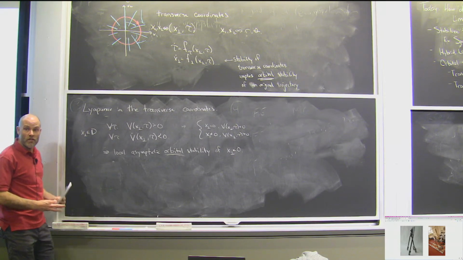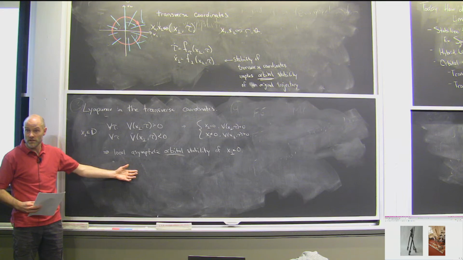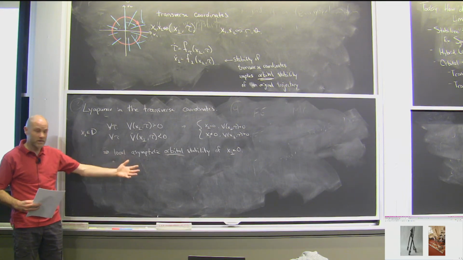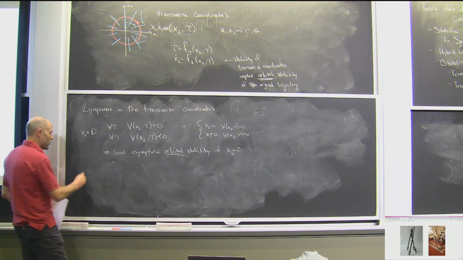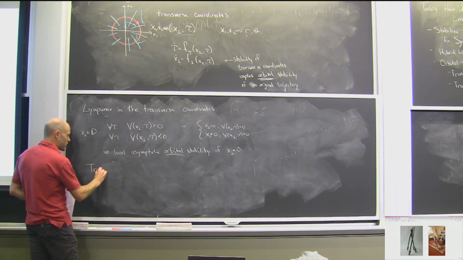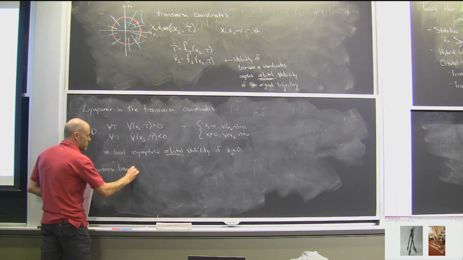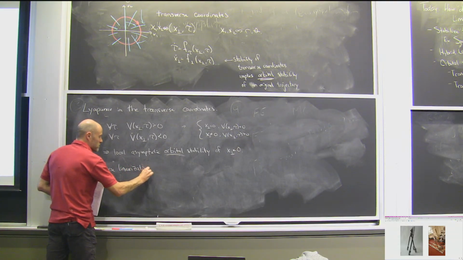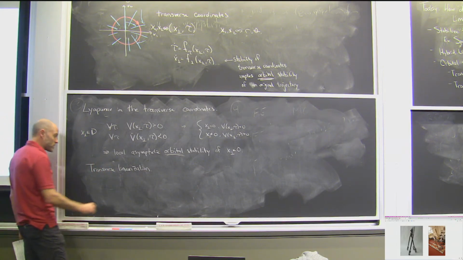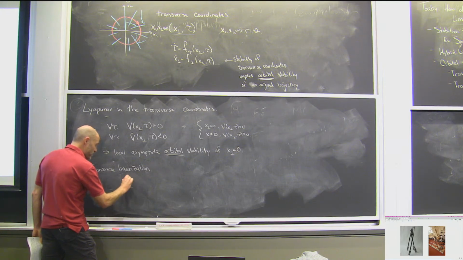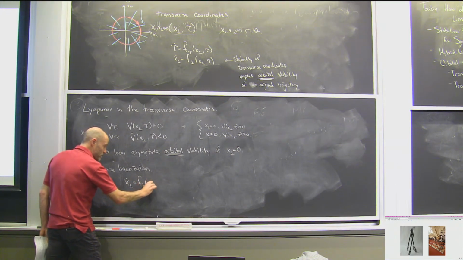Okay. This observation sets off a cascade of results that becomes incredibly useful all the way up to control design. So there's a notion now of a transverse linearization, which is precisely just linearizing the transverse coordinates here.